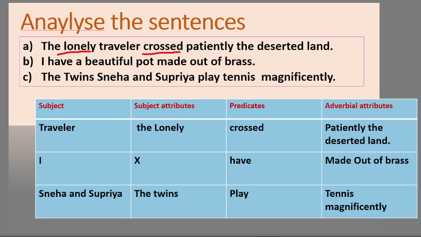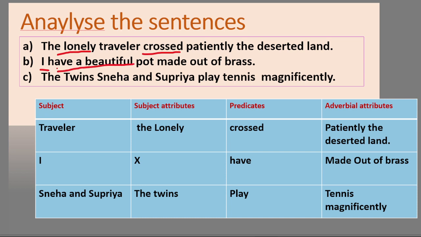But the interesting part of the sentence is that in this sentence there is no subject attribute. There is no word qualifying the subject in this sentence. We might think that in I have a beautiful pot, the word beautiful is qualifying I, but it is not. Why?